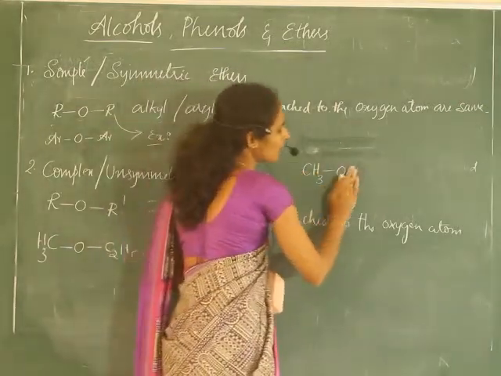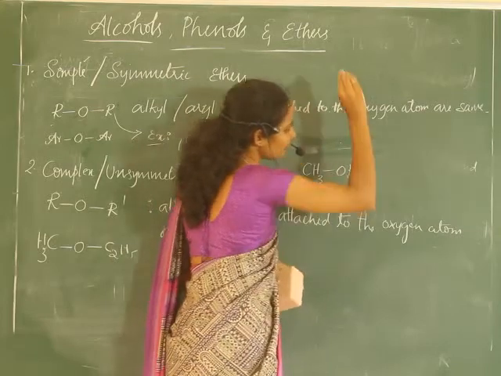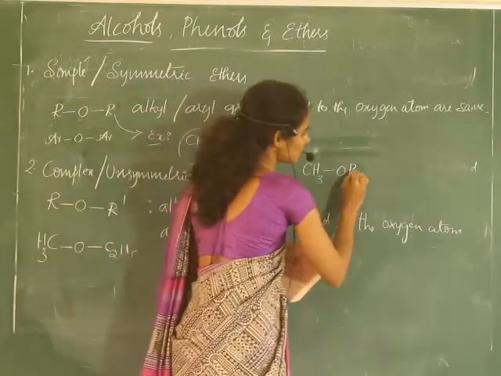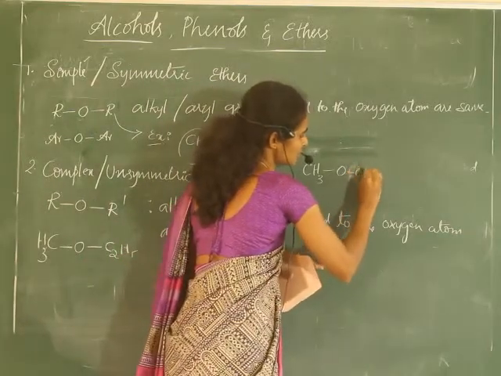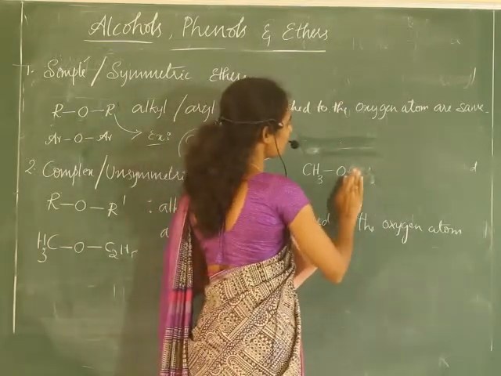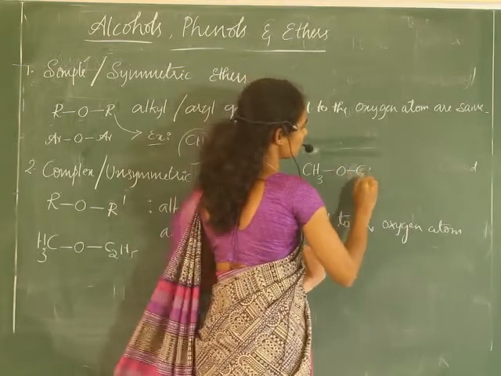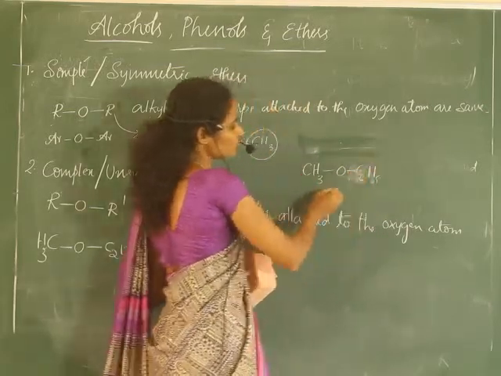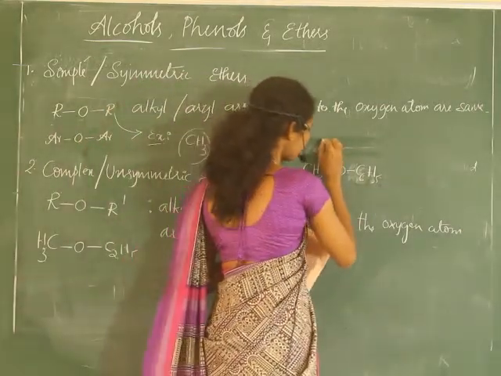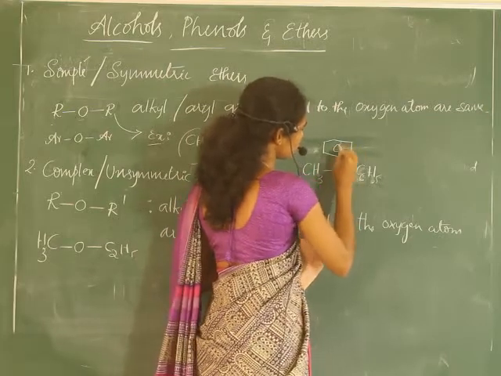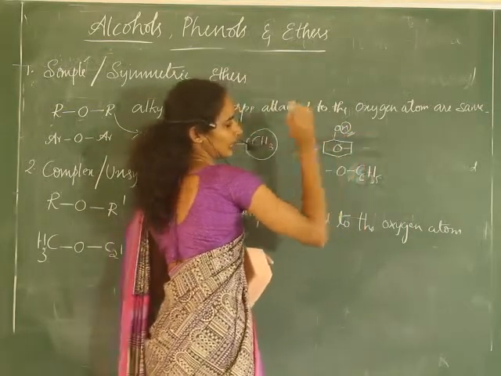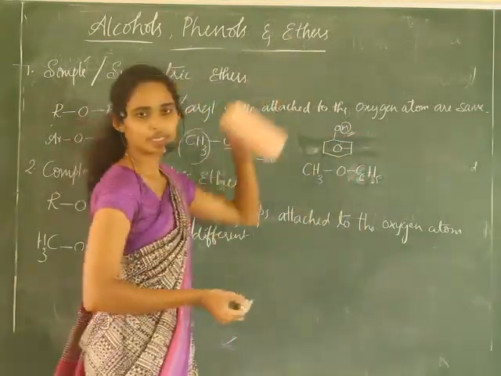If we replace the hydrogen of the alcohol by an alkyl group, CH3, then it results in the formation of an ether, right? Or if we replace the hydrogen of the alcohol by an aryl group, C6H5, a benzene ring, then also it results in the formation of ethers. Or if we replace the hydrogen atom of phenol by an alkyl or aryl group, then also it results in the formation of ethers, right?